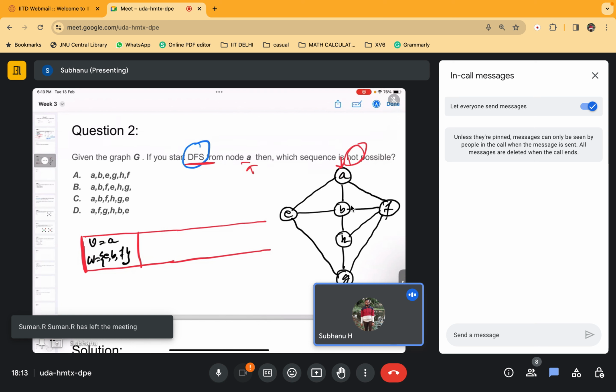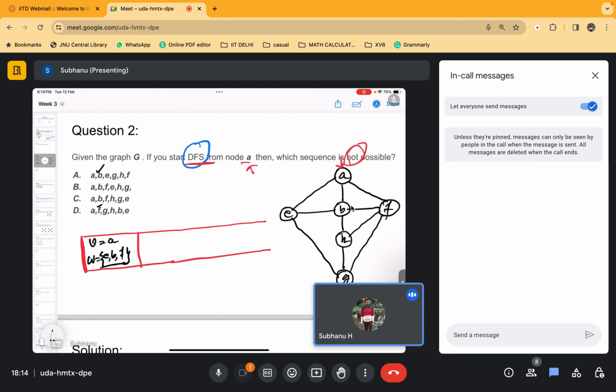Okay, so this can be of any order. This can be B, E, F, or this can be F, E, B. But that doesn't matter, because as we progress, you can see that this ordering doesn't really matter. All the options start from A. We can start from B and we can start from F both.